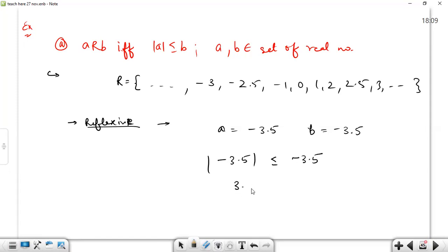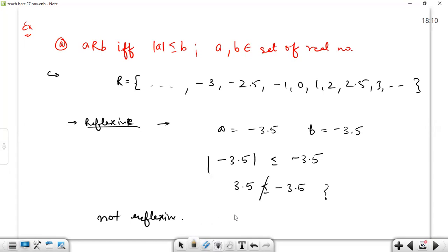This will become 3.5 less than or equal to -3.5. Is this inequality true? No, sir, it's not. So from the first example itself, we are able to prove that this is not reflexive. We'll write in NCERT format: the given relation is not reflexive.